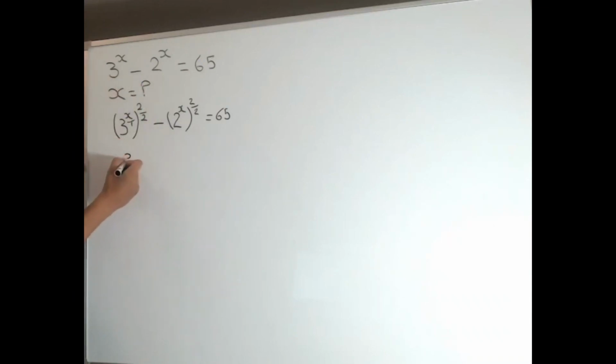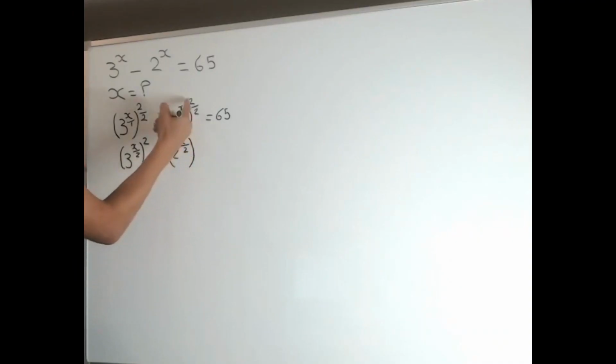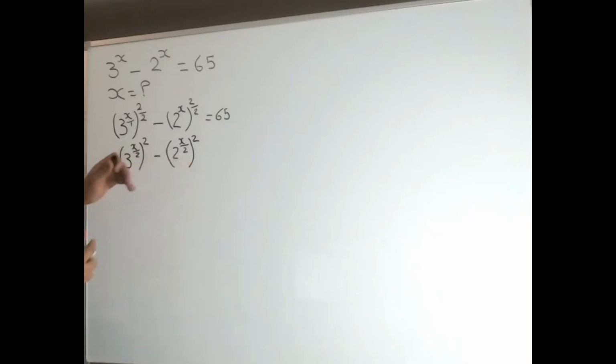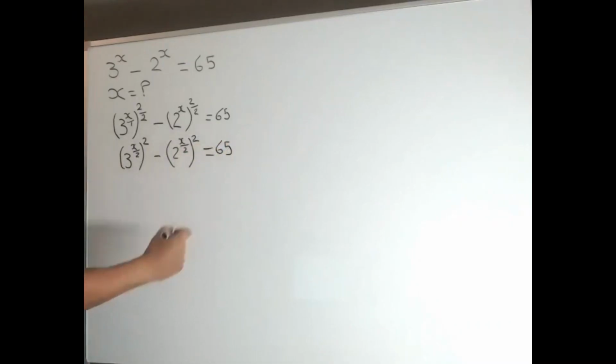So I'm gonna have 3 to the power of x over 2, all to the power of 2, minus, I'm gonna do the same thing here. So 2 to the power of x over 2, and this 2 here is just gonna stay as a square. And I'm just gonna keep the 65 the same for now.